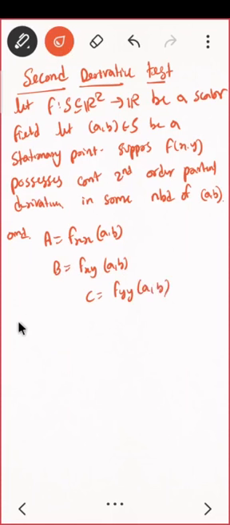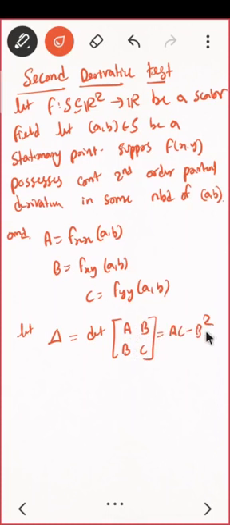Okay, and also let delta equal to the determinant of [A B; B C], which is same as AC minus B square. Correct? So suppose these are the things we know, and the notation is A, B and C. Then there are four conditions.